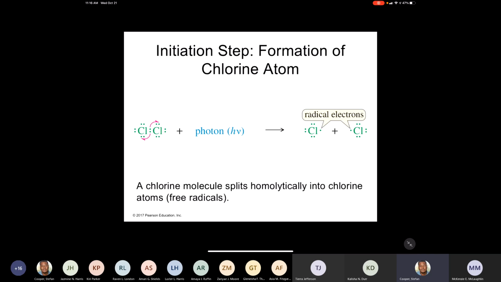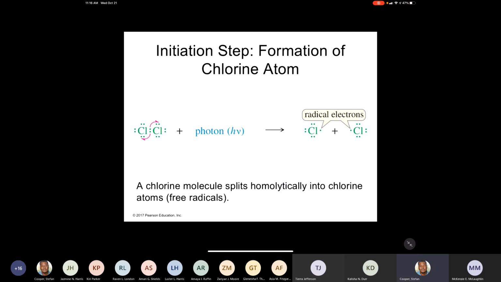All the other chemistry we'll learn this semester will be a 2-electron process. That means 2 electrons in the bond will go to one atom, and they won't split evenly. But right now, we have to split evenly to form radicals. So chlorine is going to break its bond so that one electron is on each atom, and we generate 2 chlorine radicals. Any questions with that first step?